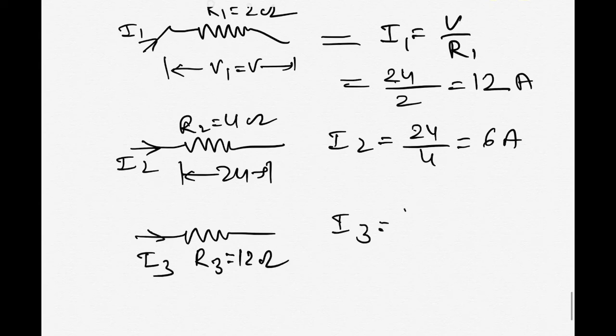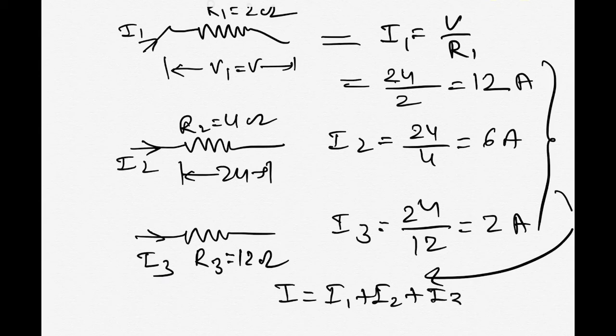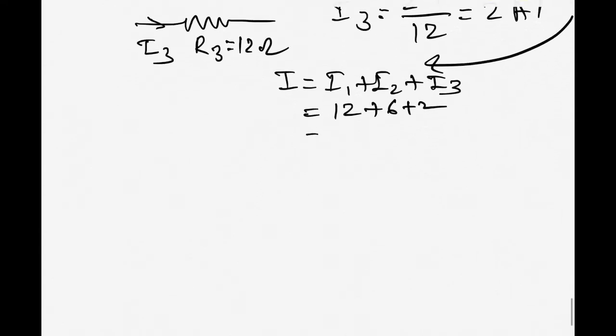So I3 becomes 24 divided by 12, so 2 amperes. Now if we add these three currents, the total current I in the circuit, I1 plus I2 plus I3, is 12 plus 6 plus 2, so it becomes 20 amperes.